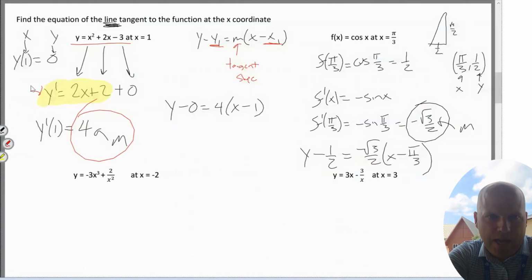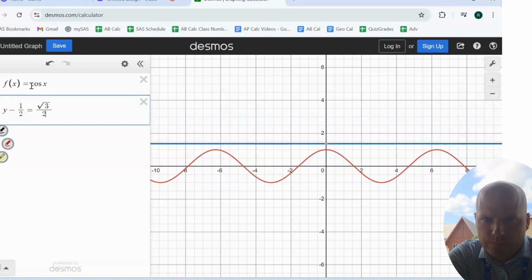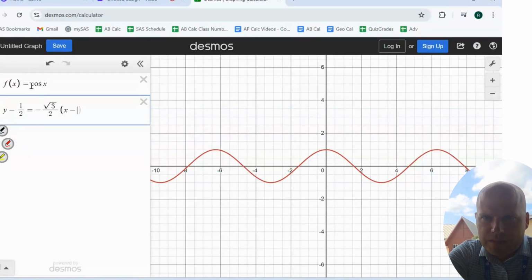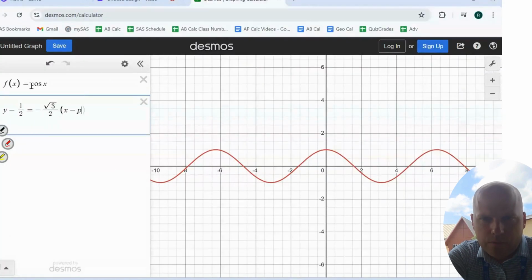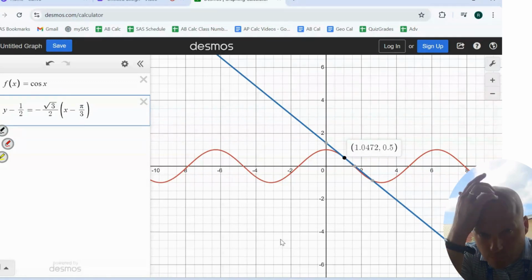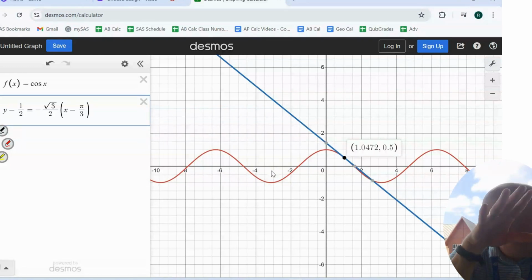Y minus a half equals negative root 3 over 2 times x minus pi over 3. Bam. There it is right there. And there's the tangent slope. This slope tells us how quickly this function is changing.